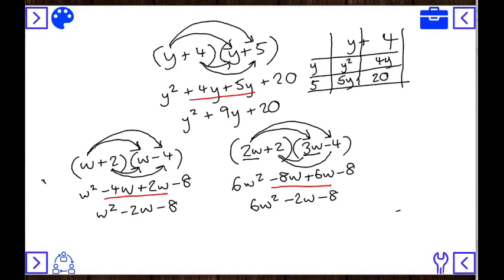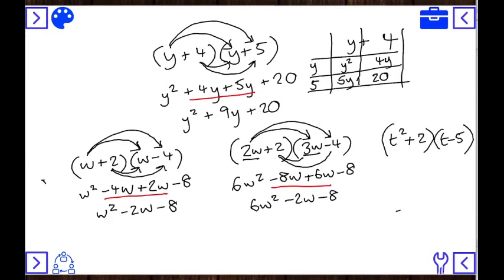And finally the last one, this one is a little bit trickier, simply because instead of having just w or y, we have t squared plus 2 and t minus 5. For this one, we're still going to use the claw method, even though visually it looks a lot more challenging.